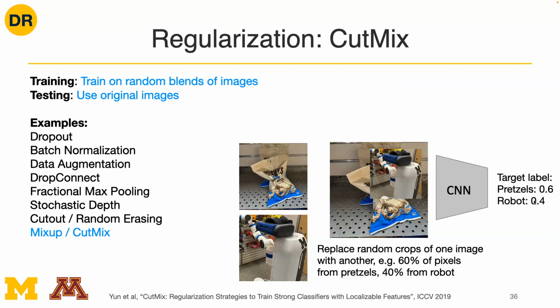I'll also point out that generally speaking, in practice for all these cases, you wouldn't pick one and always use it. It's not like we would pick CutMix and then just train on CutMixed images. You would use CutMix, dropout, batch normalization, and stochastic depth, and for all the image level augmentations, you would randomly apply some of them probabilistically. Maybe 10% of the time you would do CutMix, and 10% of the time you would do color jitter, so between the two, about 1% of the time you would do both together.